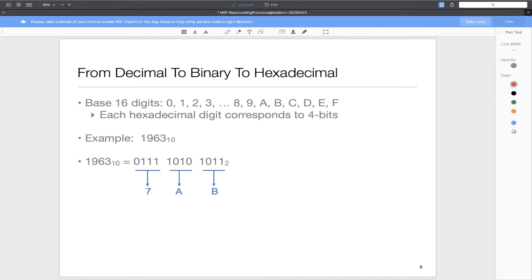We often interpret bits in terms of groups of 4. Sometimes groups of 3, octal, which you will see occasionally, but groups of 4 is probably the most common one. So size 1 is just binary, 8 is octal, and 16 is hexadecimal.